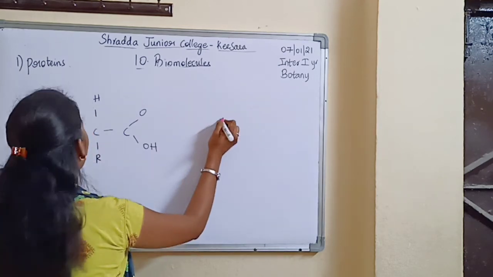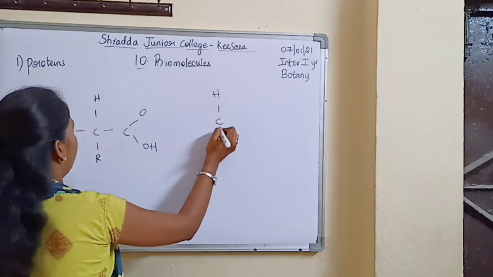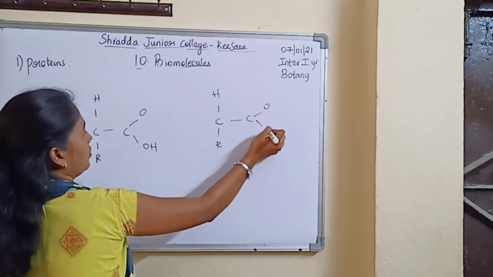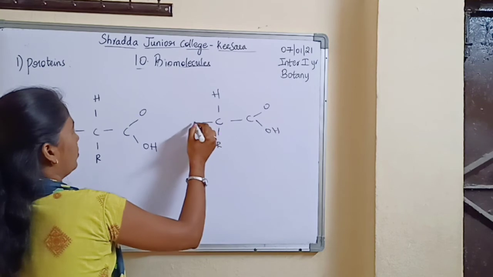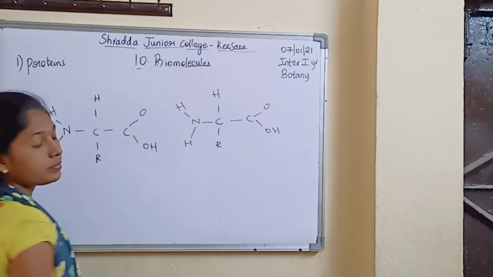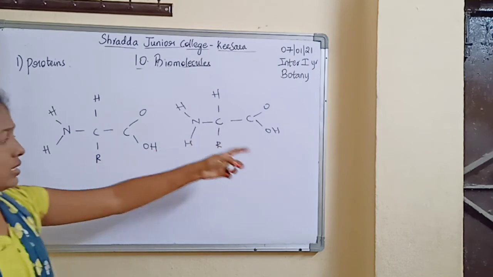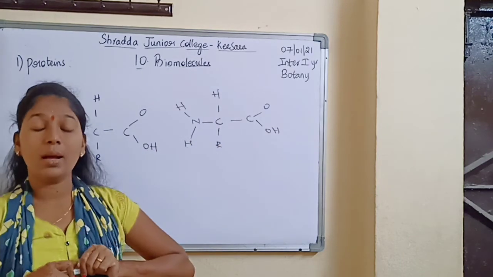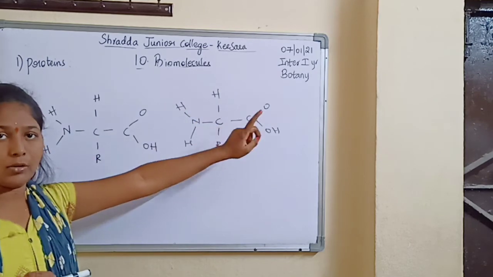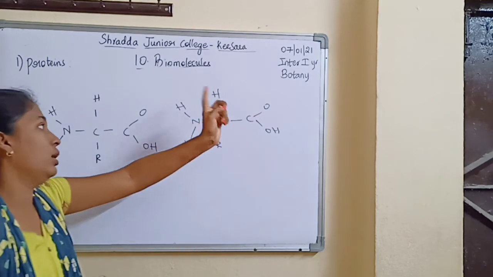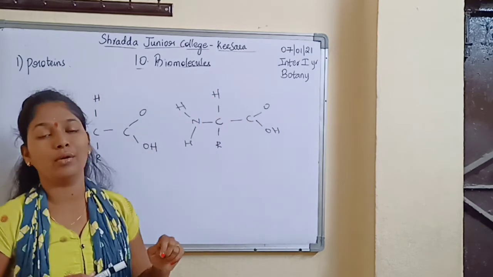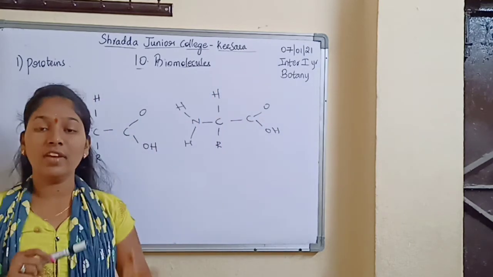And again the same thing, this is another amino acid. This is one amino acid, this is another amino acid. As I said, the amino acid structure consists of a central carbon atom with 4 valency electrons. Among them, one is a hydrogen, one is the carboxyl group, one is the amino group, and the other, R, is a variable group.